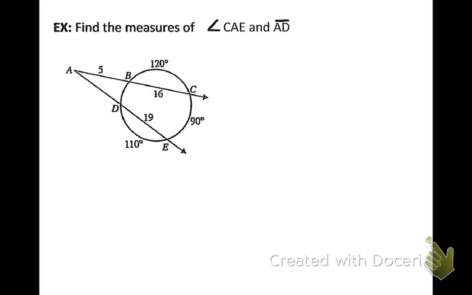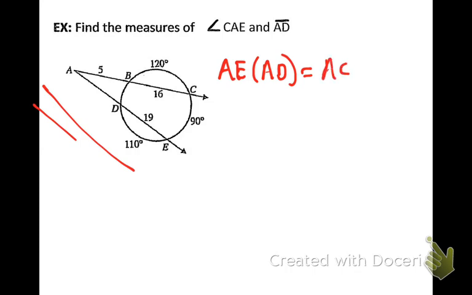Say again? AE times AD. Okay, good. AE, the whole, he says, so it's the AE times AD. So AE times AD is equal to what, Bryant? AC times AB. Right. And the unknown is AD.